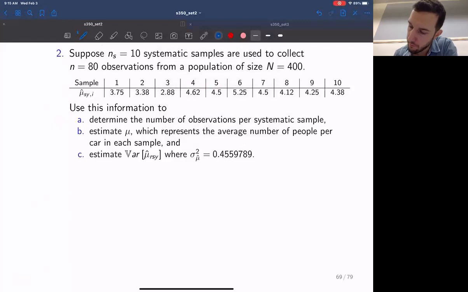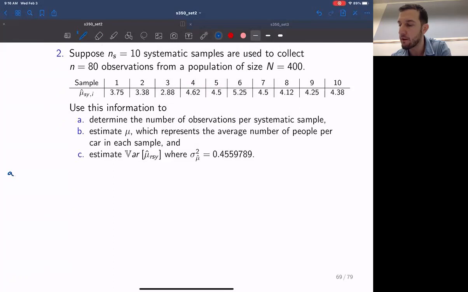All right, so in part A, first off, what are we looking at in the table? In this table, we have an estimate for the mean of each systematic sample. So from this population, we have collected 10 systematic samples, which are the sample values 1 through 10 given above.